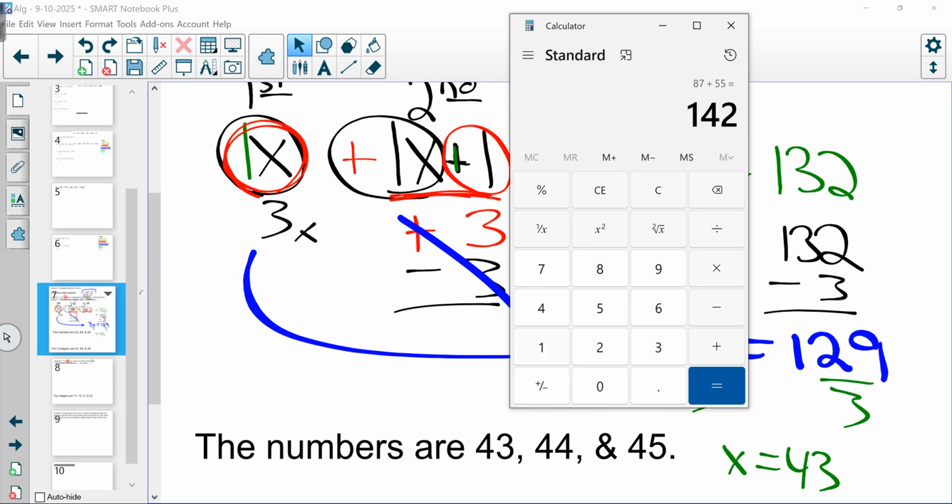Did we make a mistake? So what's the answer going to be? What now? I put 55. So I'll come back through here and I'm going to say 43 plus what? 44 plus what? There we go.